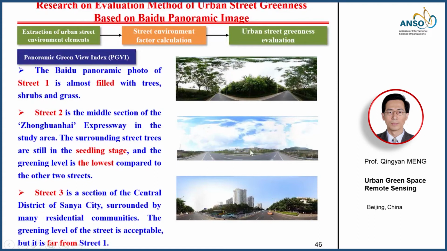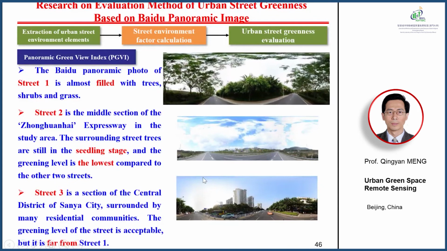The surrounding street trees are still in the seedling stage, and the green level is the lowest compared with the other two streets. Street 3 is a section of the central district of the city, surrounded by many residential communities, and the green level of the street is acceptable.